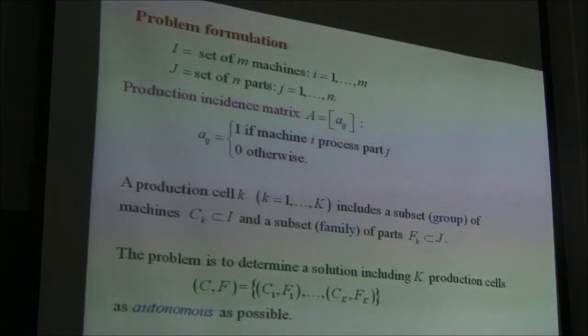Okay? And the idea is to get a very good solution. Okay? And the objective to specify what is a good solution is provided by an objective function that we refer to as the autonomy of the system.